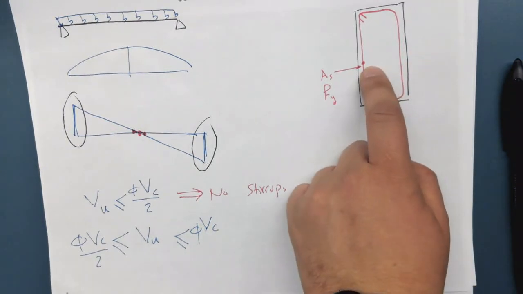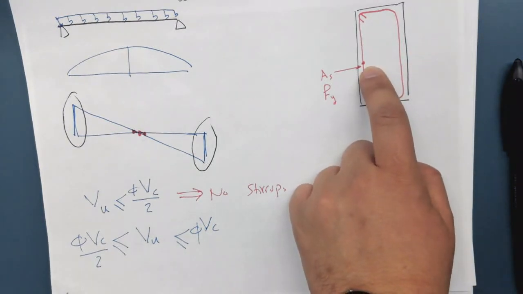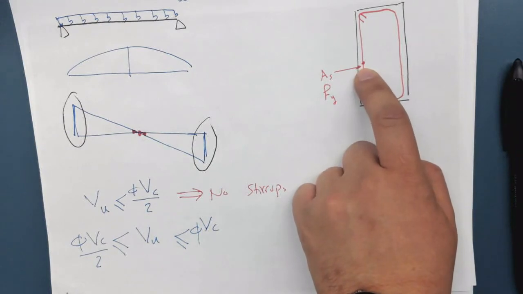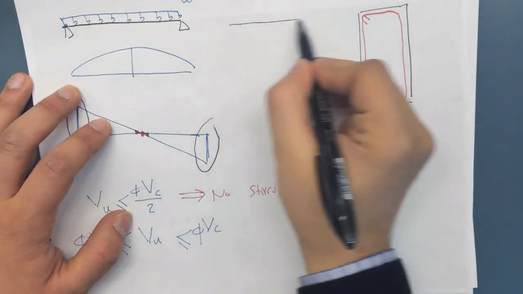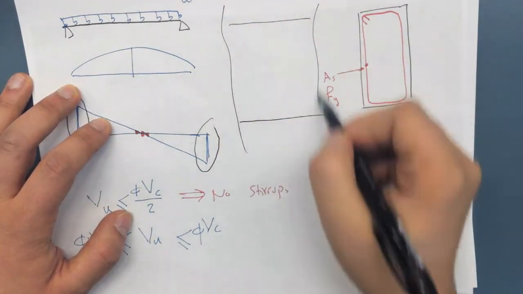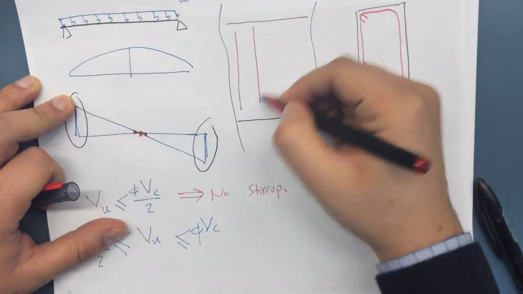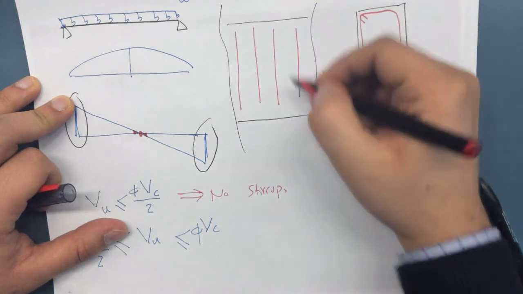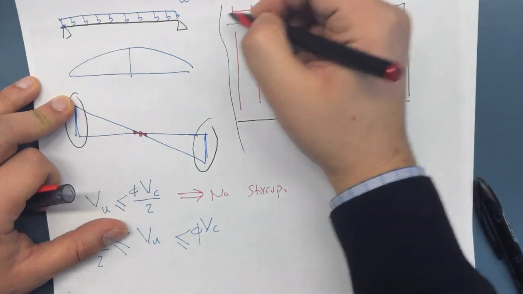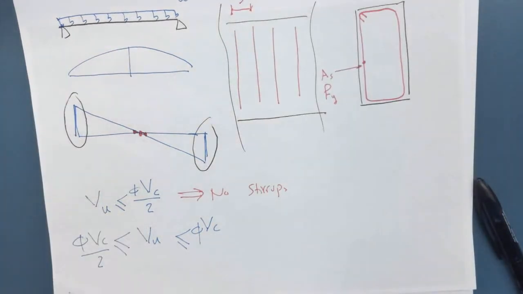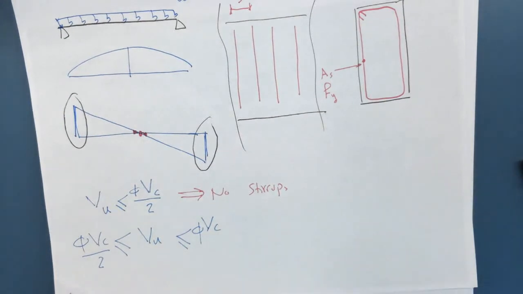And for the minimum reinforcement possible, usually you are forced to use a certain cross-section. So what you are only left with choosing is the spacing. So if we look at this from the side, those stirrups are spaced like this. As a designer, it's up to you to find this spacing, S. And this table over here tells you, if you are in this case, where your shear is between half of the concrete strength and the full concrete strength, this is the spacing you're going to choose.